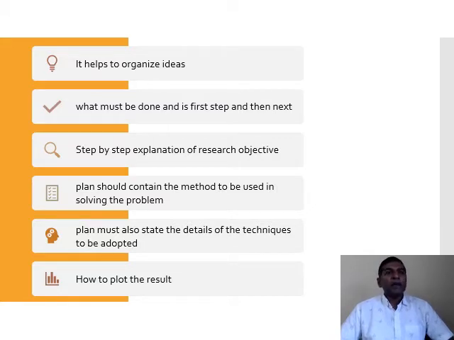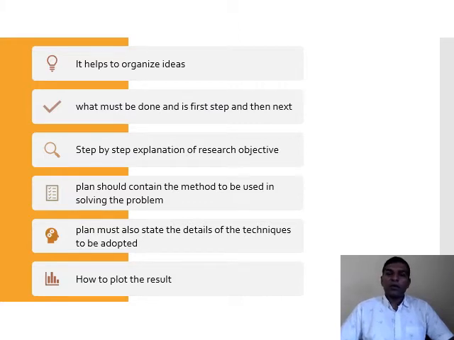Next, the plan should contain a method to be used in solving the problem. At every stage, step by step, when we are writing a plan, we should explain each step in detail. What is the output of that stage, and what particular input are we going to provide?